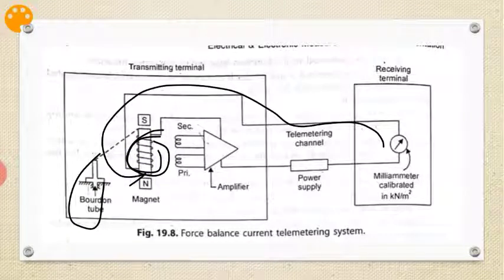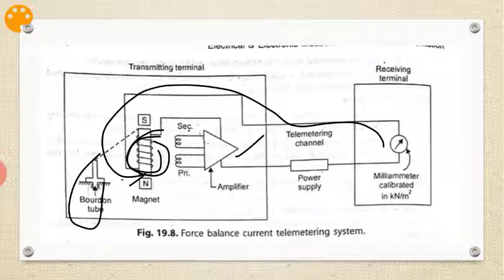As the coil rotates, the flux linkages between the primary and secondary windings change. This change in flux linkages varies the amplitude of the amplifier.